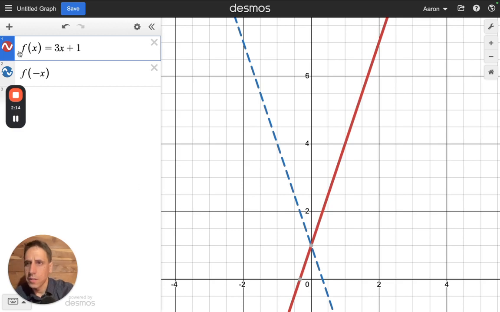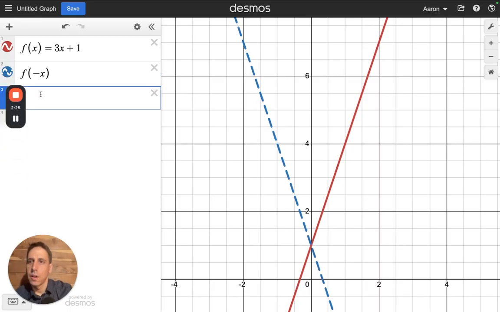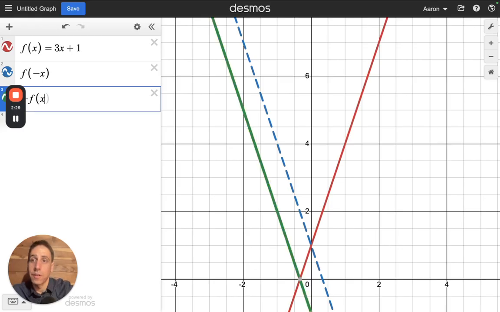All right, let's get even more wild, and on another line down, let's go negative f of x. The odd test is going to be whether or not the blue or the green overlap. If f of negative x is equal to negative f of x, then it's odd.